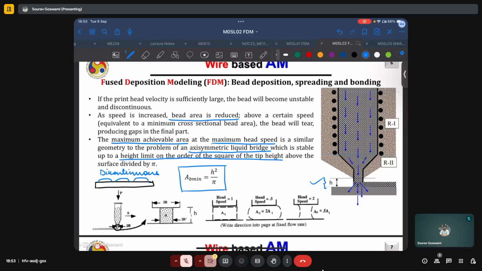Whereas in the other case, if it is being fed at a faster rate and the speed is twice the critical speed, then we'll see a corresponding reduction in the area, and this new area will only be half of the area corresponding to the area at the orifice.